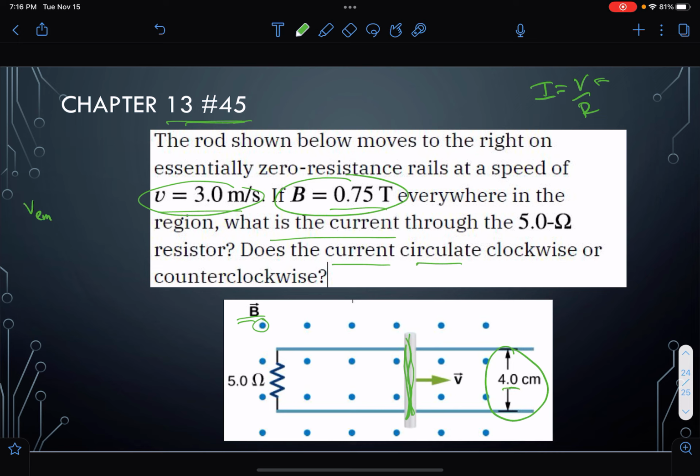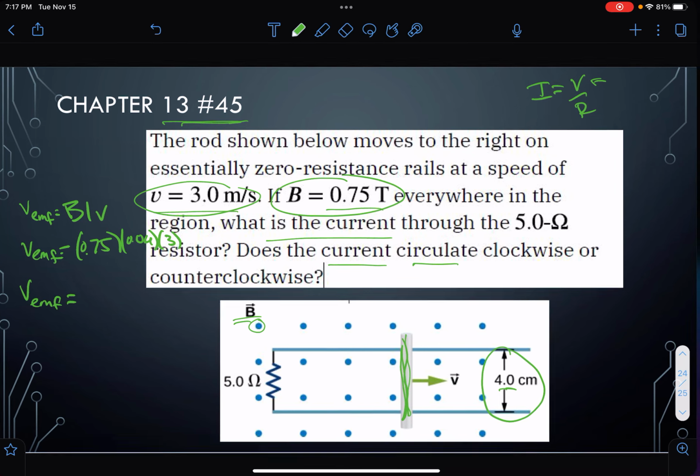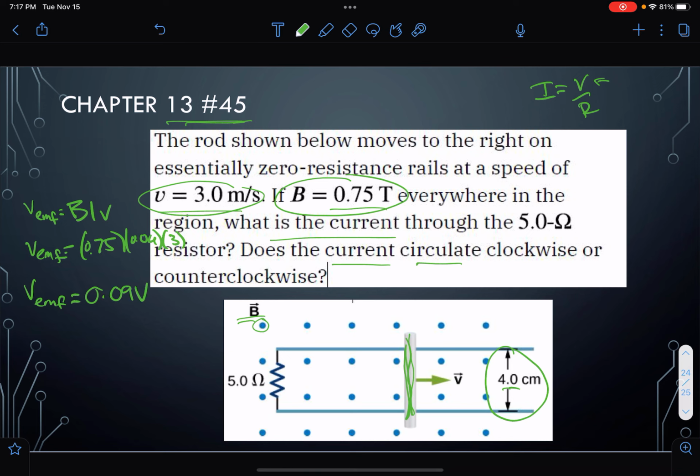So my EMF is going to be BLV. So we've got 0.75, always put the 0 in front of there, times 0.04 meters times our 3 meters per second. So I'm getting an induced EMF of 0.09 volts.